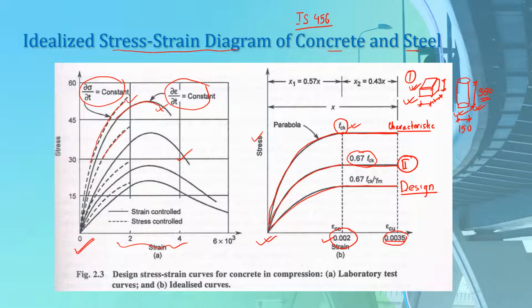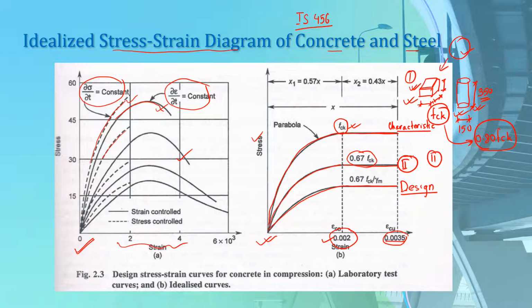For example, suppose that for the same sample of concrete, if we perform the cube test, then we get its characteristic strength as fck, whereas if you use the same sample of concrete to perform this cylinder test, then we only get about 80% of this characteristic strength, that is about 0.80 fck. So one reason to use the reduced value of the characteristic strength is the use of different kinds of specimen to do the lab test.